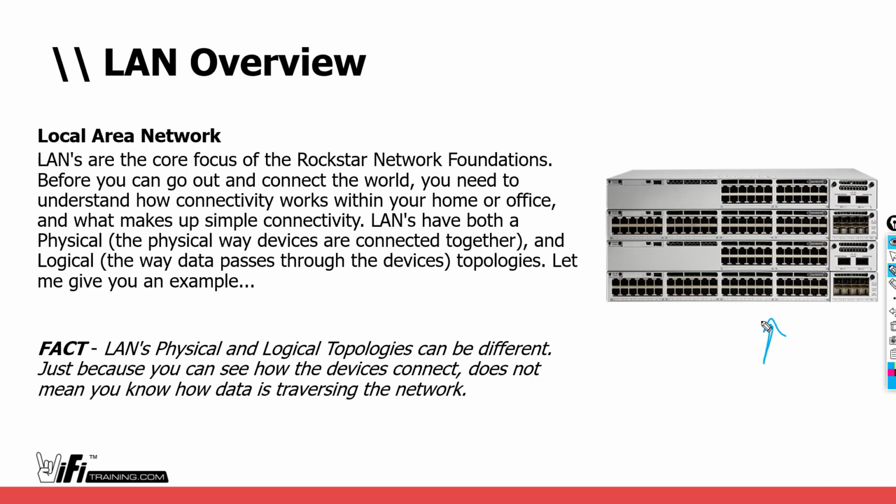But LANs connect devices at layer 2. Okay, so the way I want you to think of things, and I've already mentioned the layers, we're going to go over that in the next lesson, but LANs connect devices at layer 2. And all different types of devices, not just laptops and desktops, but also printers and scanners, and nowadays even things like badge readers and IP cameras, IP phones, digital media players, even TVs.